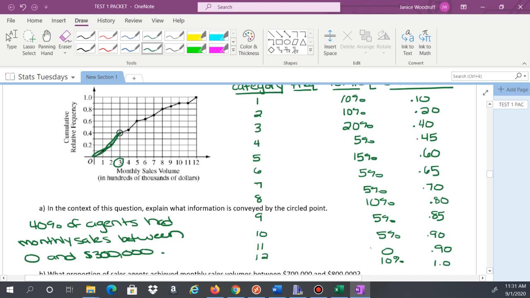But if it were just 20% of agents sold 300,000, you would have to have that word exactly in there to have it count for you. But this is really, you're looking at the cumulative frequency graph. You're going from this point to this point. So you're saying, okay, it's between 0 and 300,000, and that's going to account for 40% of the agents. Long explanation for that, sorry.